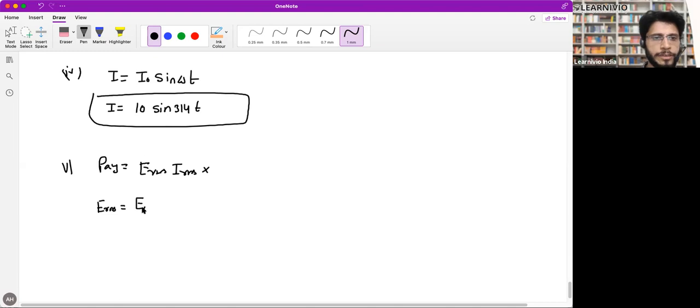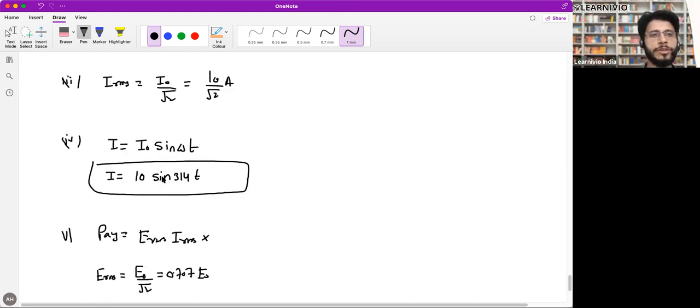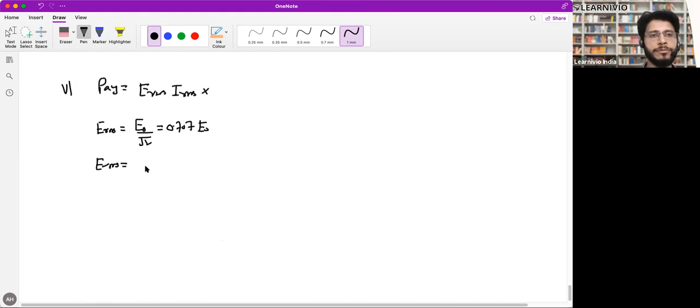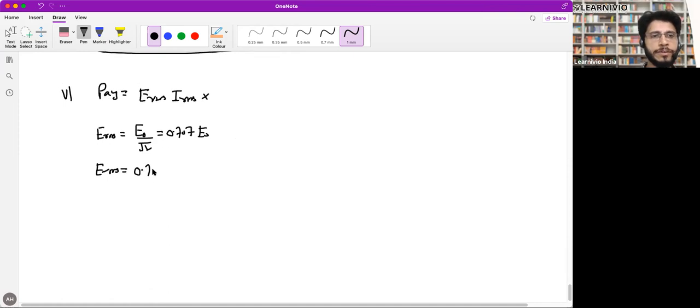So you can write this as either E naught by √2, or as 0.707 of E naught. So your ERMS will be, how much is E naught? E naught is 100. So 0.707 into 100. That's 70.7 volt.